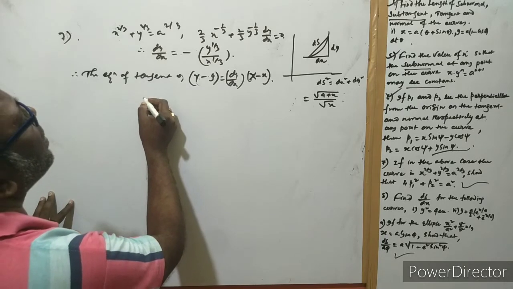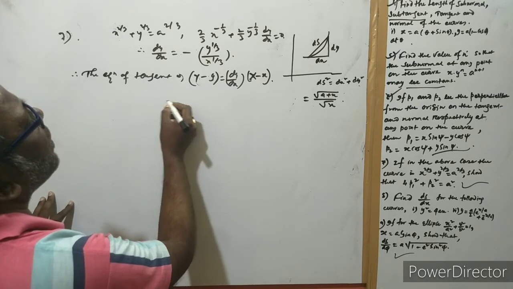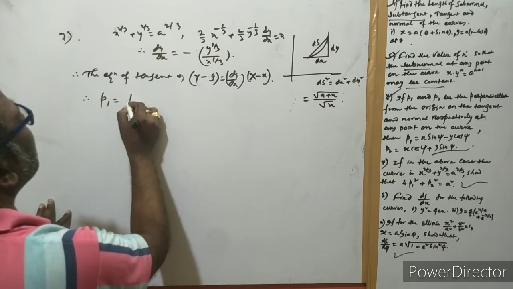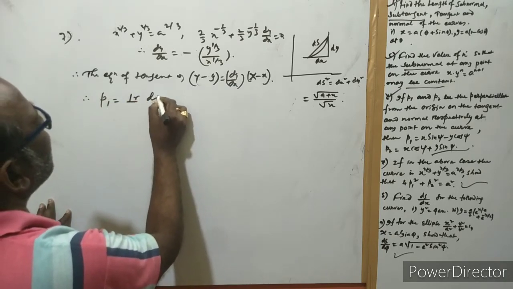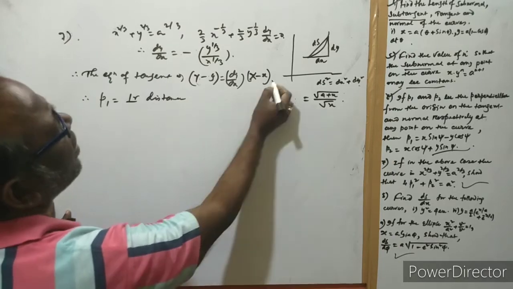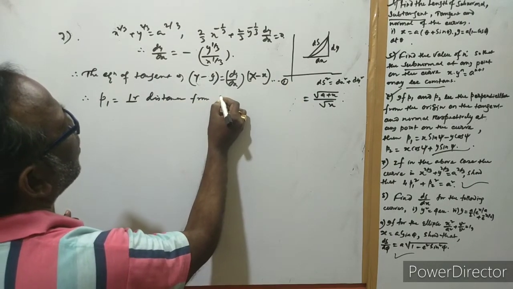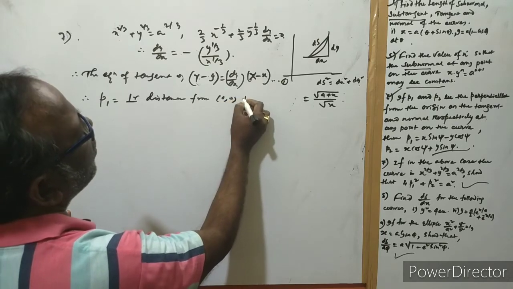So this is here, and therefore p1 is the perpendicular distance from (0, 0) to the line.